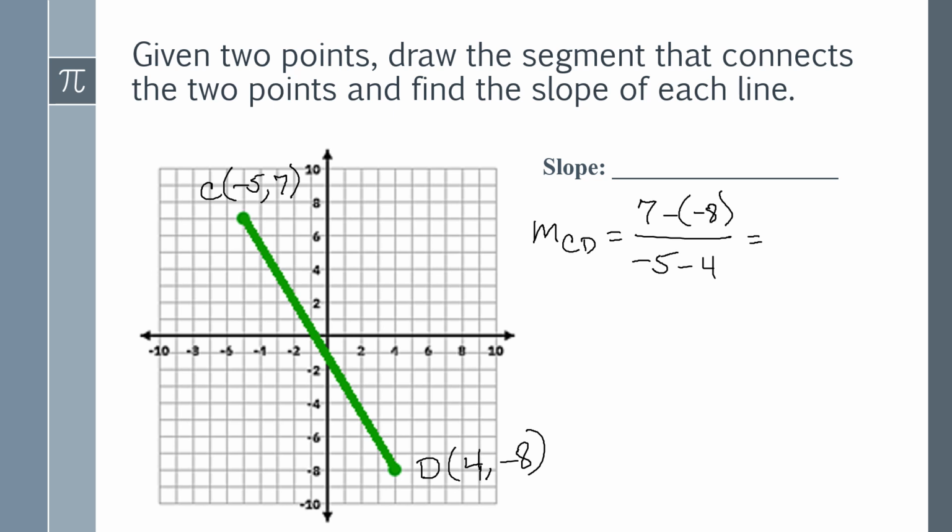So 7 minus negative 8 becomes 7 plus 8, which is 15. And negative 5 minus 4 is negative 9. So this value is equal to negative, each of these divide 3 out, and we have negative 5 thirds. So my slope is negative 5 thirds.